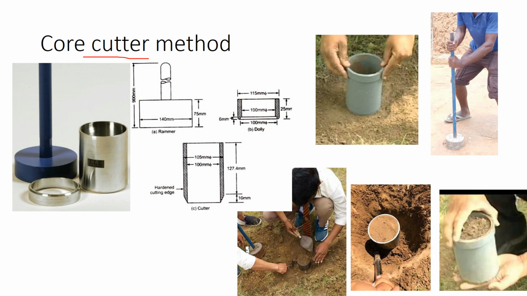The rammer is hit on the collar, so the cutter will penetrate into the ground until the collar is about 1 to 1.5 mm above the ground.